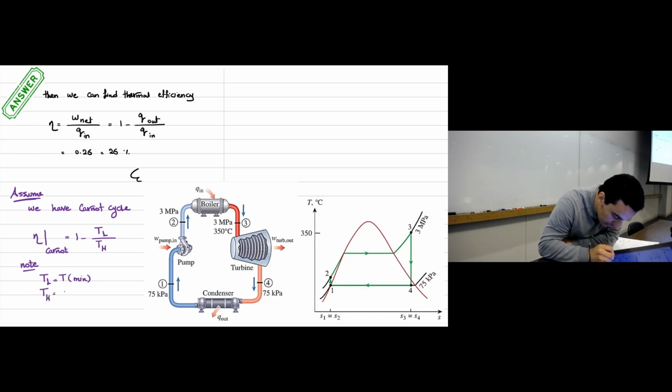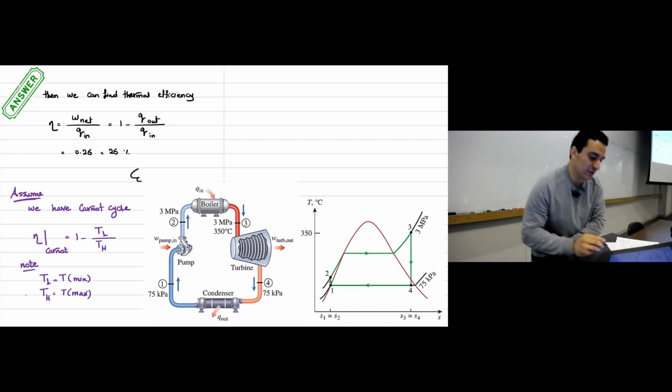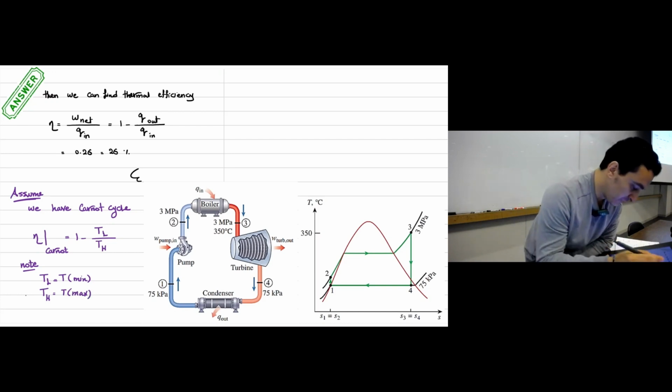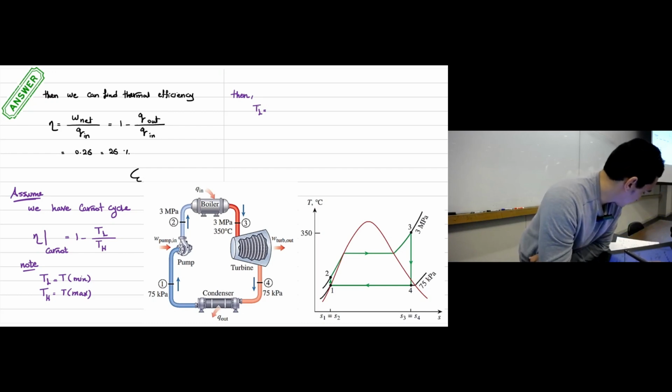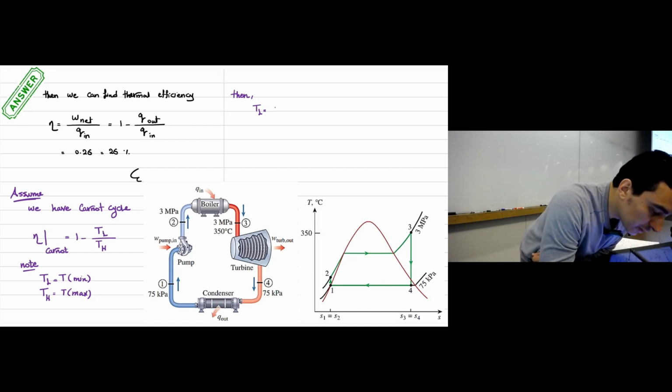TH, this is the maximum temperature that we can have in this cycle. So according to this example, TL, this one is 91.76 degrees Celsius. So I need to convert it to Kelvin. So 91.76 plus 273 Kelvin.